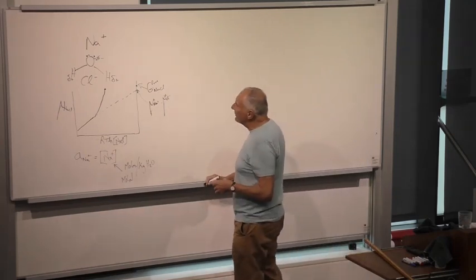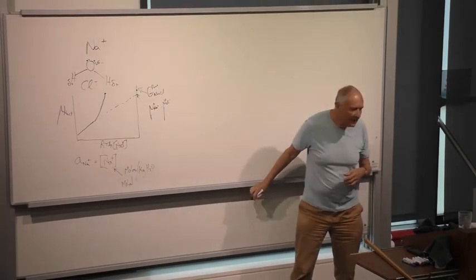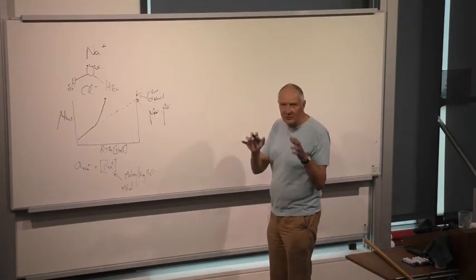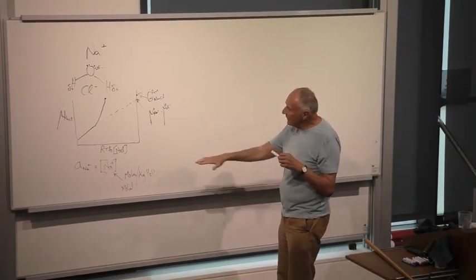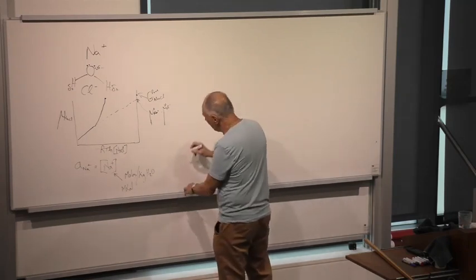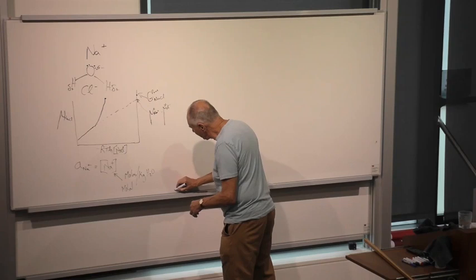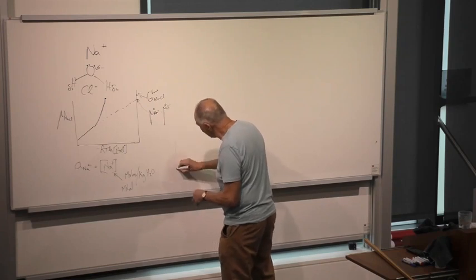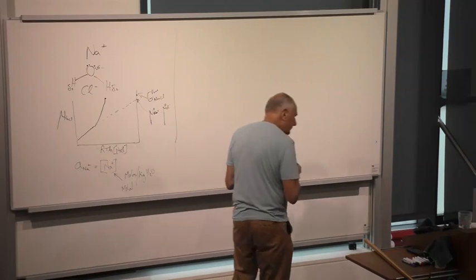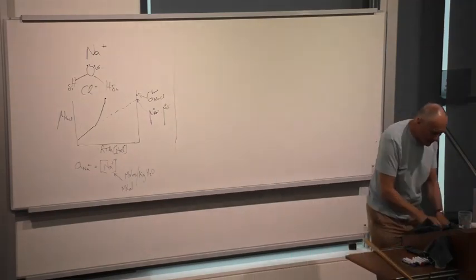What I'd like to think about now is what happens with other ions. We've looked at sodium and chloride, they behave like this. And other ions that we're particularly interested in earth sciences would of course be things like silicon, aluminium, and so on.